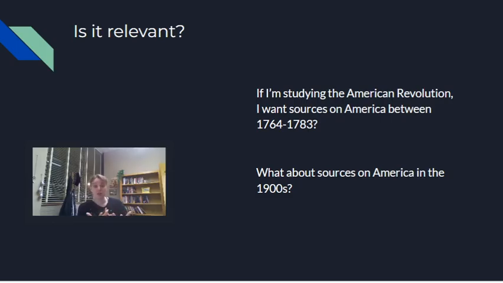So if I'm looking at primary sources, I want my primary sources to come from the time of the War for Independence. I don't want a primary source that comes from the 1900s. Now, if I'm looking at a secondary source, remember, a secondary source analyzes the past. I want it to analyze the time frame of the American Revolution. I don't want it to analyze the 1900s. So the first thing we have to think about with our sources are they relevant to what we're studying?